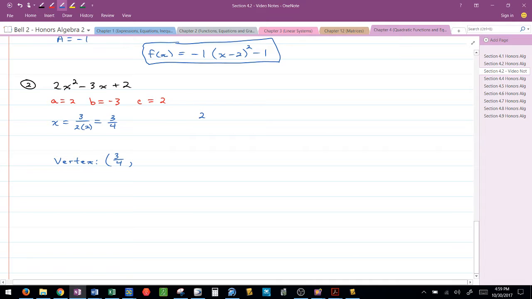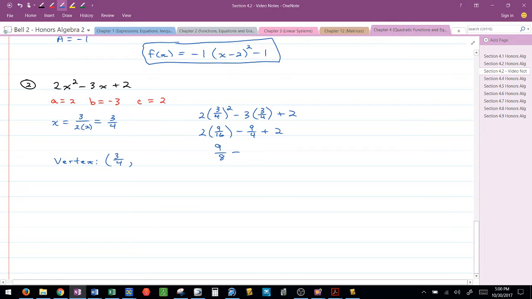So I have 2 times (3/4) squared minus 3 times 3/4 plus 2. This would be 2 times 9/16 minus 9/4 plus 2. And let's see, this will simplify to 9/8, and I'm going to change this 9/4 into eighths.